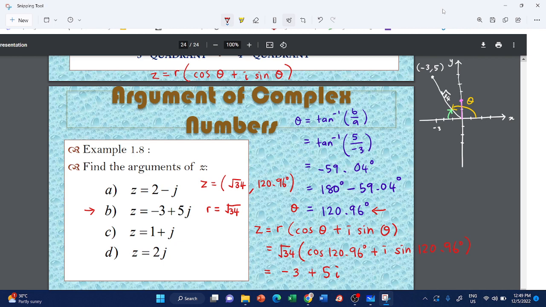For the sine part, after multiplying sine 120.96 with square root 34, you will get 5i. Can you get it? Sine 120.96 times square root 34.